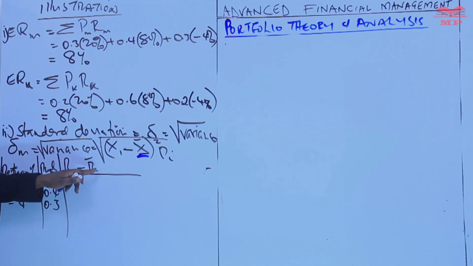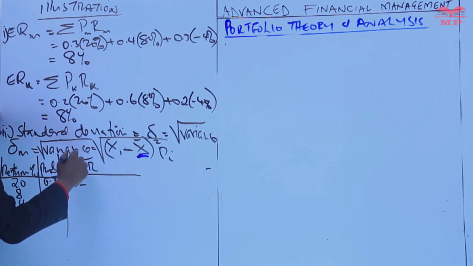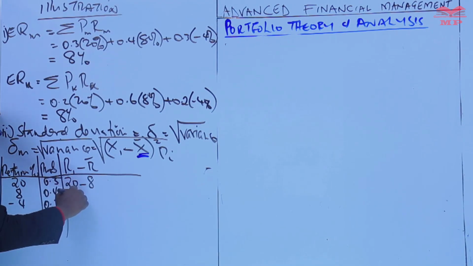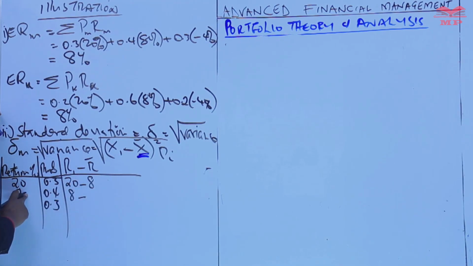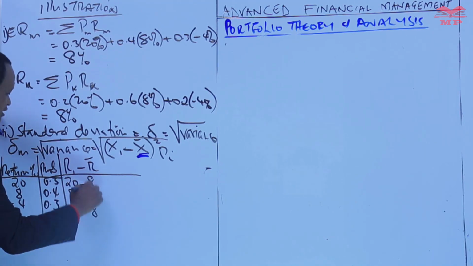So this expected return, we are deducting from the rate of return from investment. Do you see that? So we're going to have 20 minus expected return of 8, then 8% minus 8, then -4% minus 8.